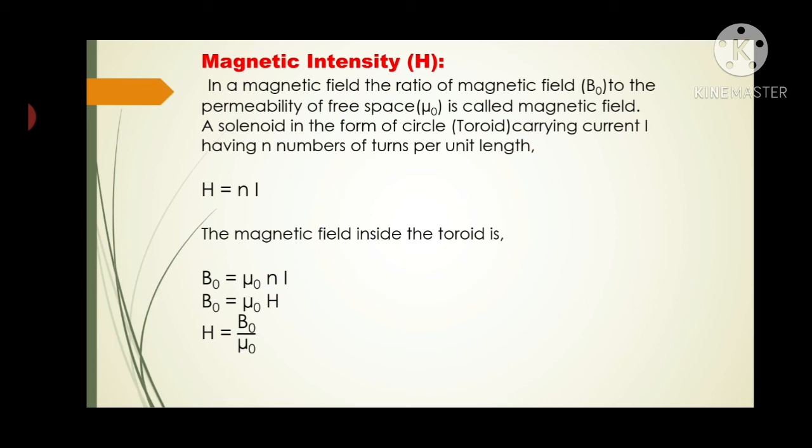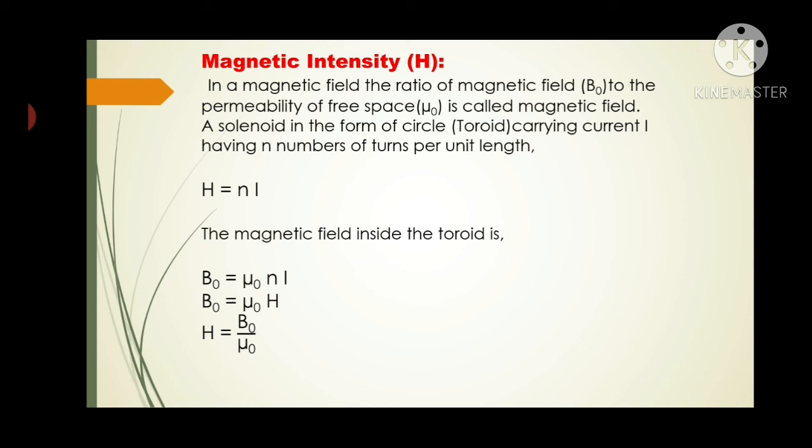We already know what a solenoid is. It is a rod on which a number of turns of wire are wound, and if this solenoid is in the form of a circle, then it is called a toroid. If a toroid carries current I having n number of turns per unit length, then what will be the magnetic intensity?